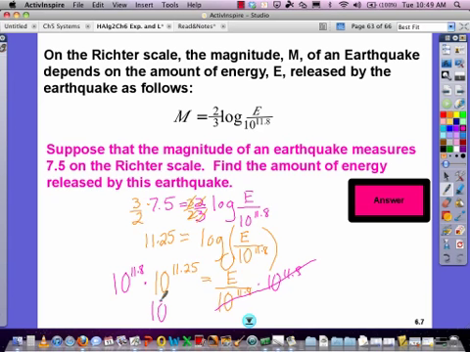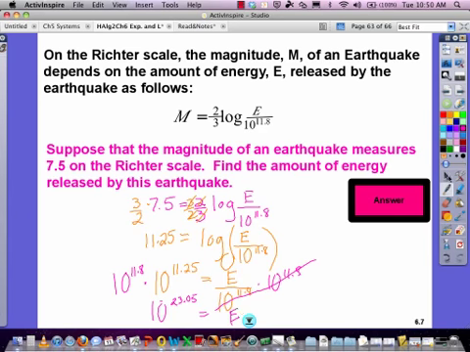So we've got the 11.8 added to the 11.25, and that should give us 23.05 for our exponent, which is not a real nice number answer, but go ahead and finish that, and we're looking at E. So that all equals E. So the amount of energy released by this earthquake is 10 to the 23.05 power.